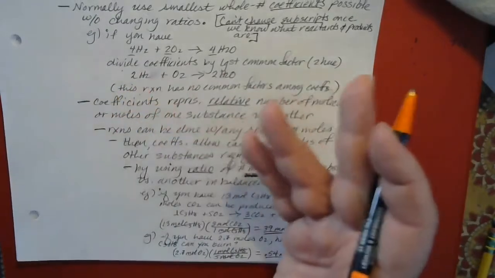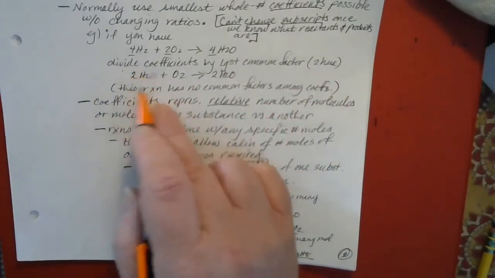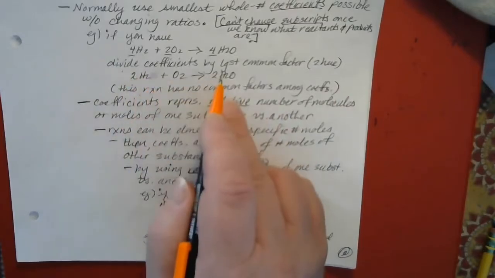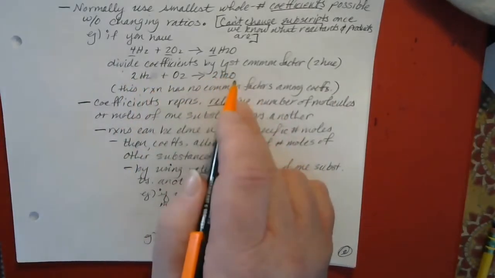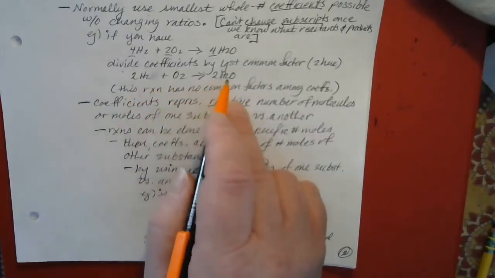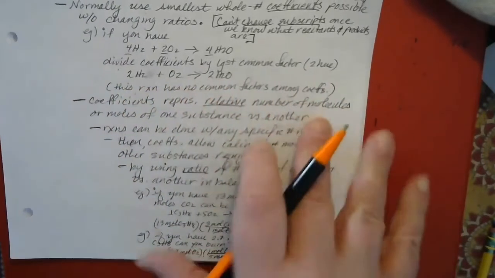You can do it with any amount of hydrogen you want. What it tells you is, however many hydrogens you put into this reaction, you're going to get the same number of water molecules out at the end, because the ratio of water to hydrogen is 2 to 2, which is the same as 1 to 1.